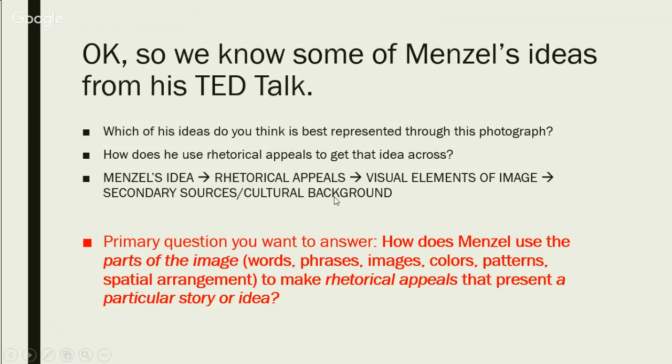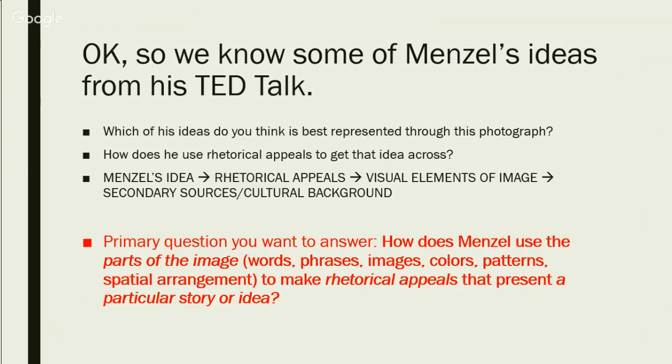I've also put the secondary sources, cultural background. To a certain extent, they provide context for your reader about the culture that Menzel is looking at, and they also provide supplemental information that you're pulling in to further support what he's saying. So you might say, Menzel uses this visual element of the image to show this about this culture, which we know from the secondary source, right?